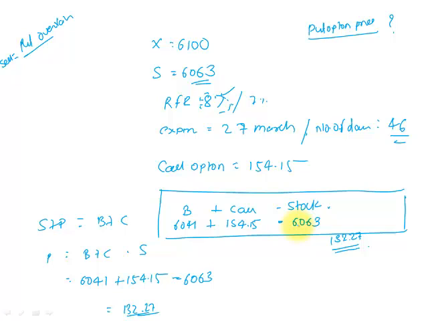If that is true, how much money has gone out from me? No, the net amount of cash flow that I will have is 132.27. Are you following it? Because I will give away 6041, I will give away 154, I will receive 6063. So cash flow that has gone out is 132.